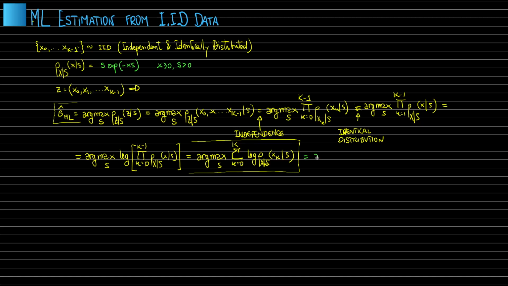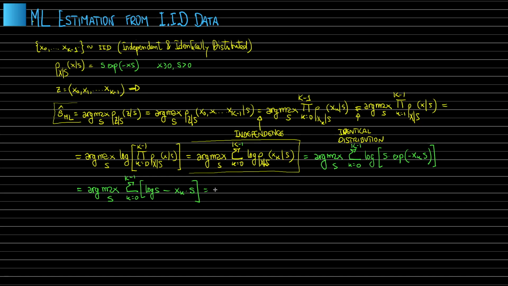So in this particular case, this is equivalent to maximizing with respect to S the sum from k equal to 0 up to K minus 1 of the log of S times the exponential of minus x_k S. And this is equal to the value maximizing with respect to S the sum from k equal to 0 to capital K minus 1 of the log of S minus x_k times S.